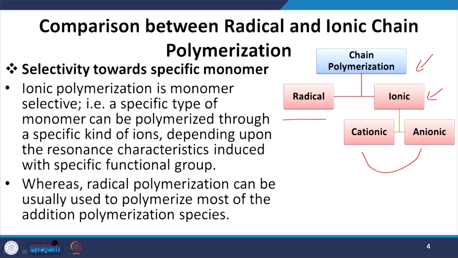This resonating character is induced by specific functional groups. If you recall, we discussed this approach in the previous lecture: the different types of resonating characters and the impact of those resonating characters with respect to the functional group. Whereas radical polymerization can usually be used to polymerize most of the addition polymerization species. So this is a selective note with respect to the selectivity aspect with the specific monomer.